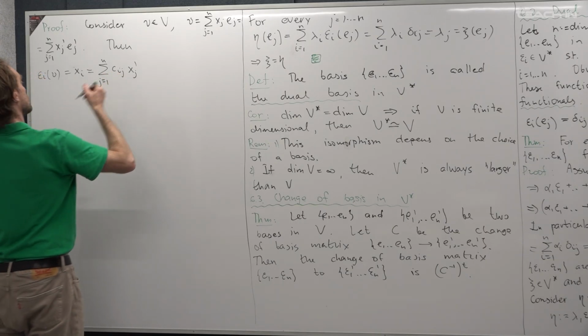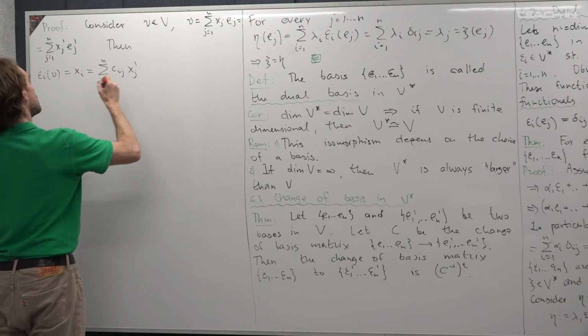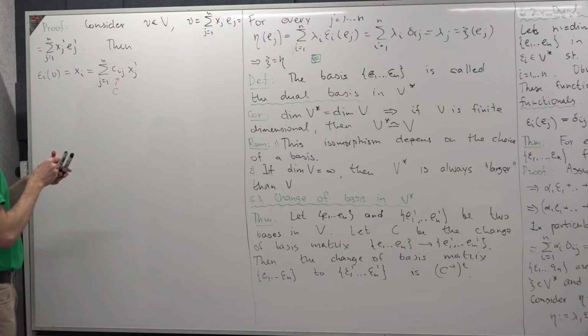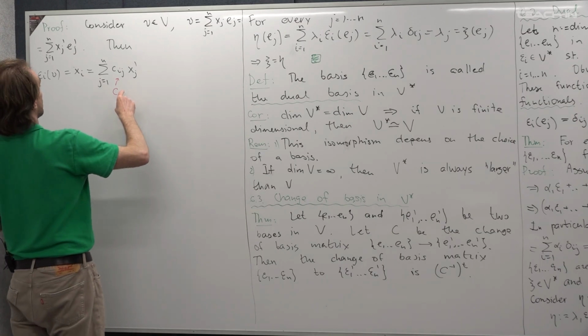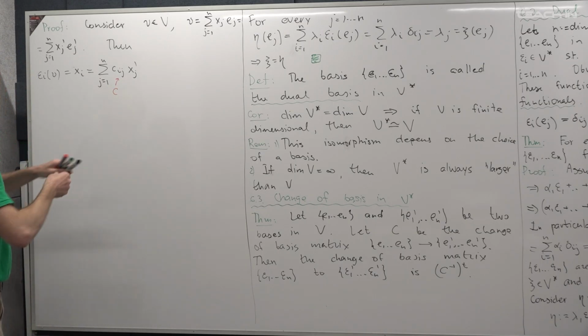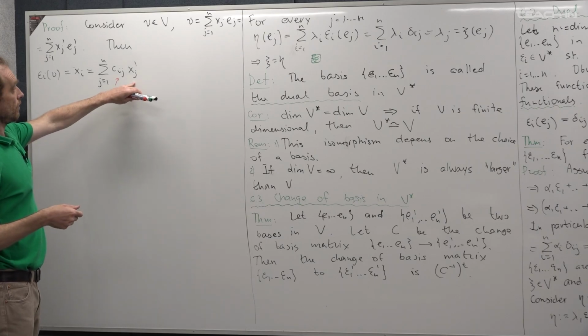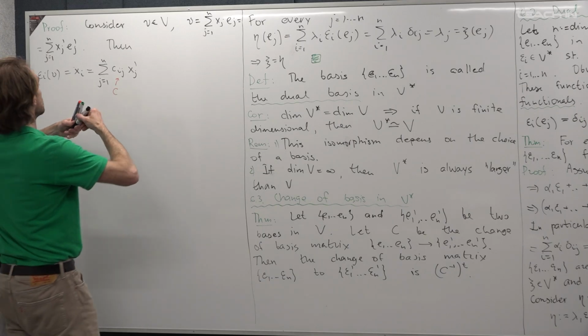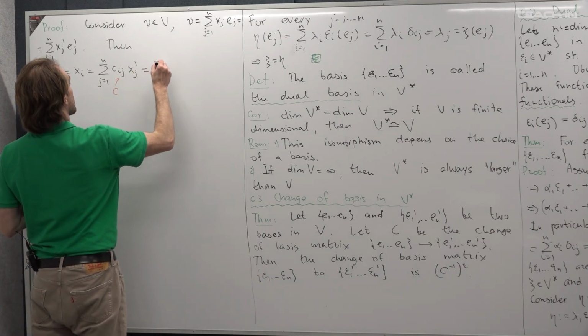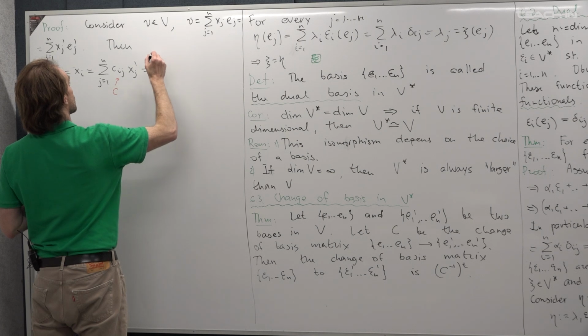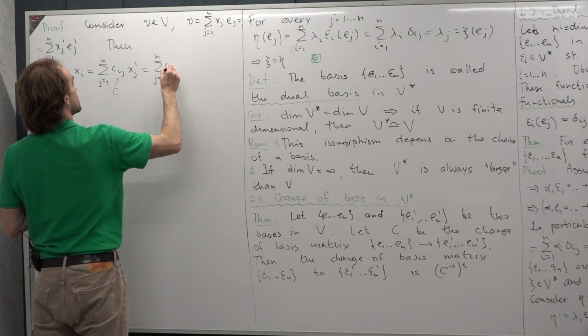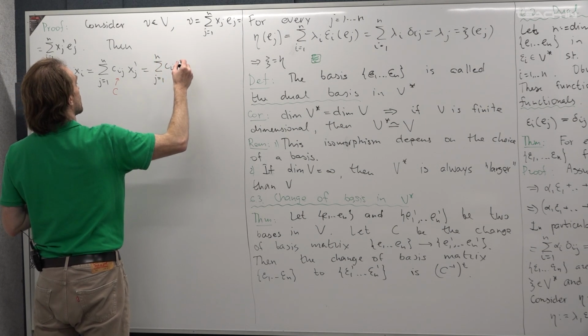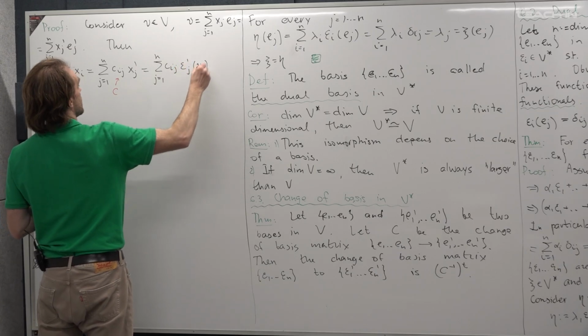So these are the elements of the matrix C. Fine. And then this is the jth coordinate of our vector with respect to the second basis. So we can rewrite this as the sum where j ranges from 1 to n, c sub ij by epsilon prime sub j of v.